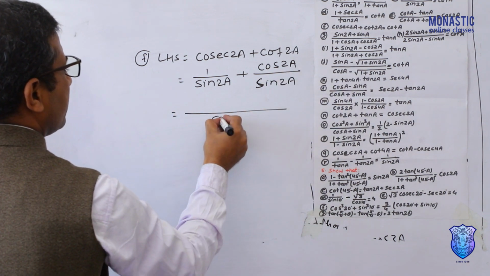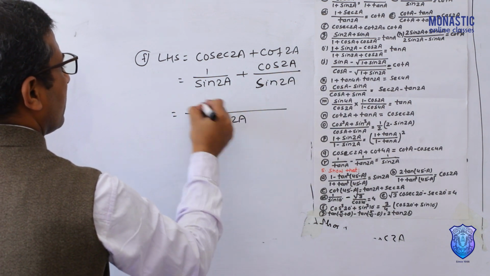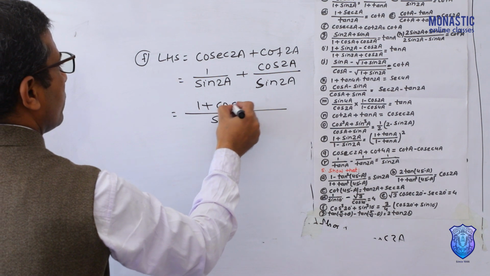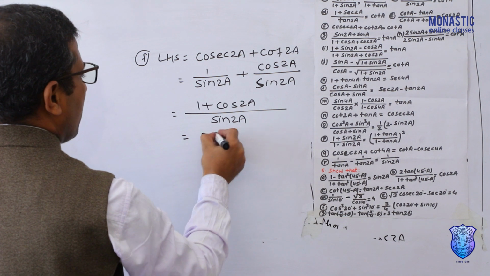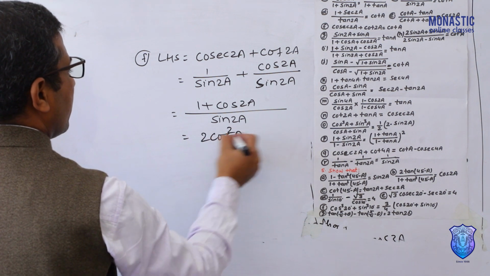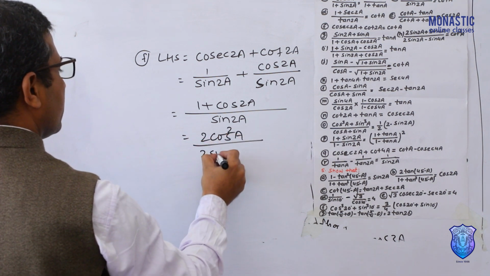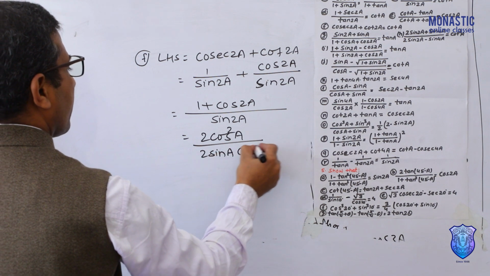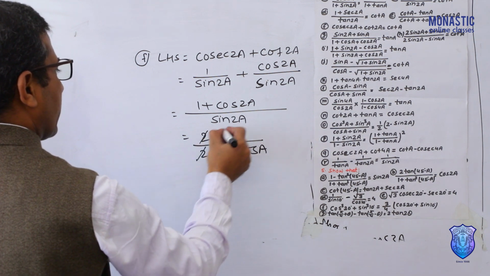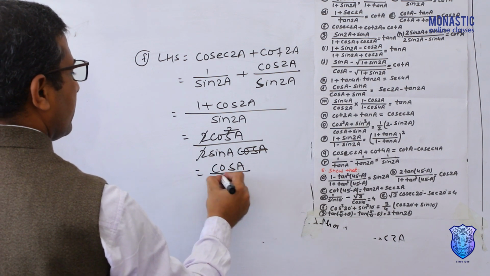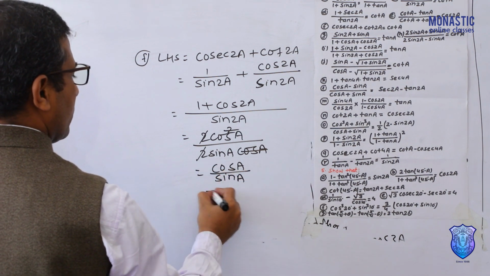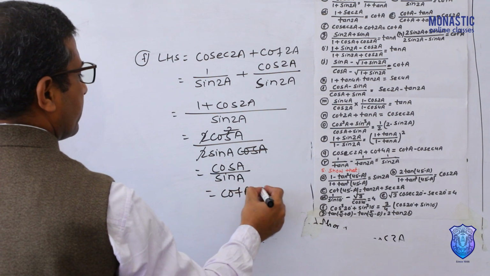Then take the LCM. 1 plus cos 2A by sin 2A. Then you know how to simplify this. We have learned how to use the formula in these cases. 2 cancelled, these 2 cancelled. Cos A by sin A is equal to cot A. That's the proof.